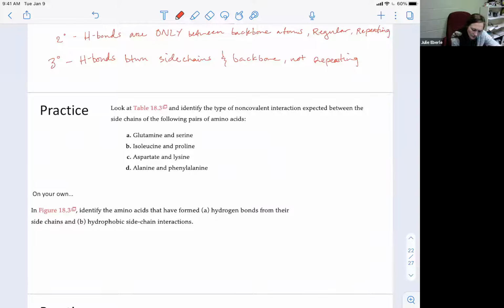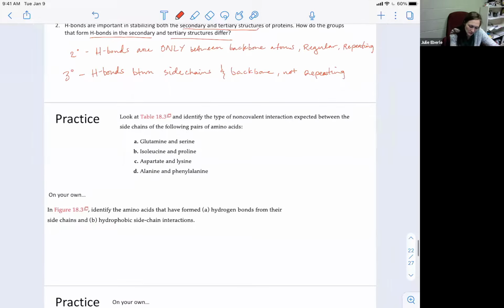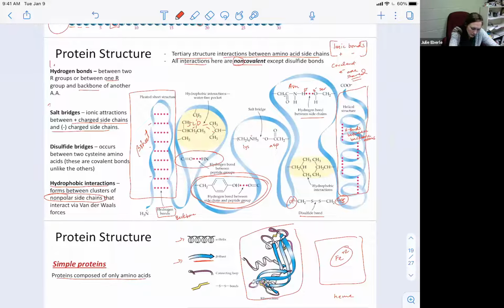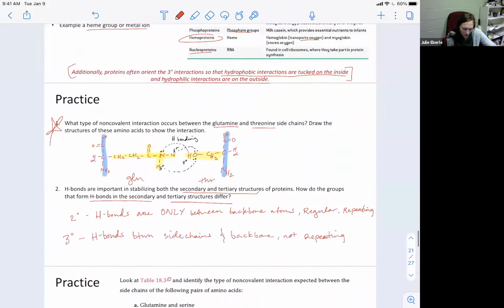So we're trying to look at the side chains of these amino acids and identify what kind of interaction we would get. Would we get a salt bridge? A disulfide bond? Hydrophobic interactions or hydrogen bonding? Your four options are these four right here. You get one of these four, and I want to know what kind.